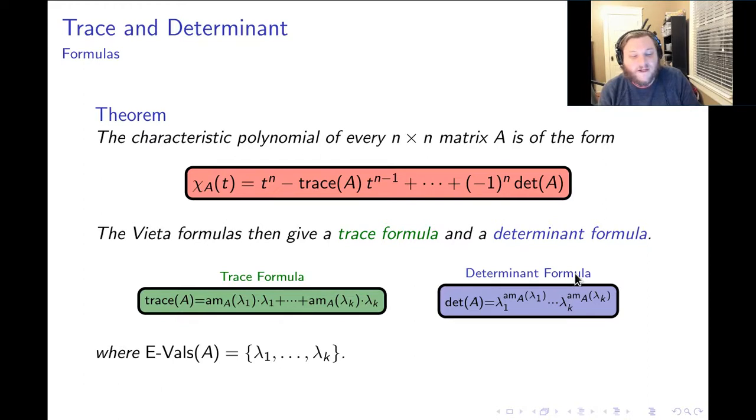We also get a determinant formula, and this determinant formula says that the determinant of any matrix is the product of all of the eigenvalues, where each eigenvalue is raised to the power of its algebraic multiplicity. So if you know all of the eigenvalues and you know their algebraic multiplicities, you can automatically figure out the trace of your matrix and the determinant of your matrix.